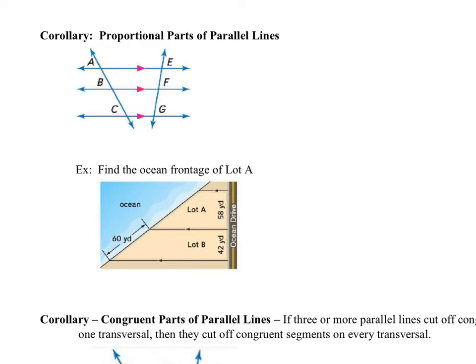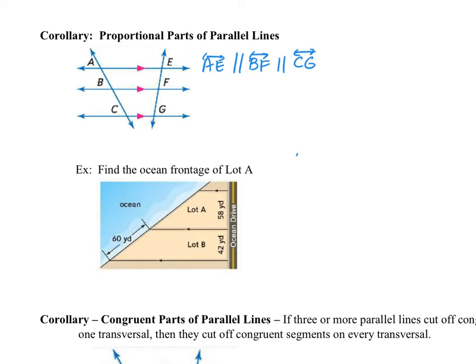What the proportional parts of parallel lines corollary tells us is that if we have three parallel lines, so AE is parallel to BF, which is parallel to CG.